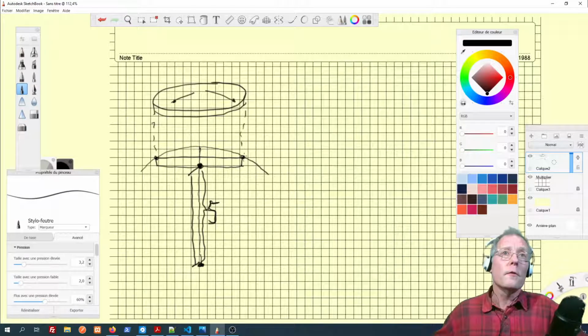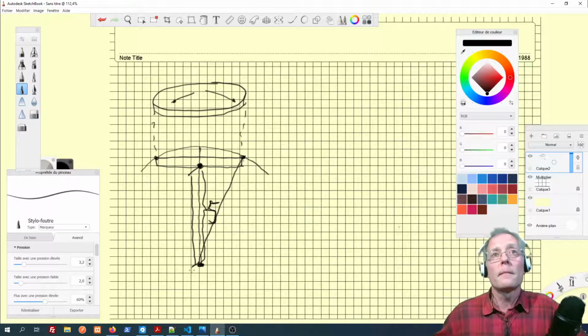The radius of my sphere, I don't know. This is what I'm looking for.